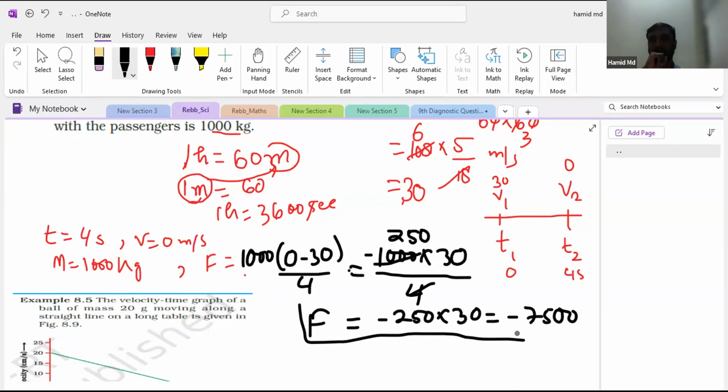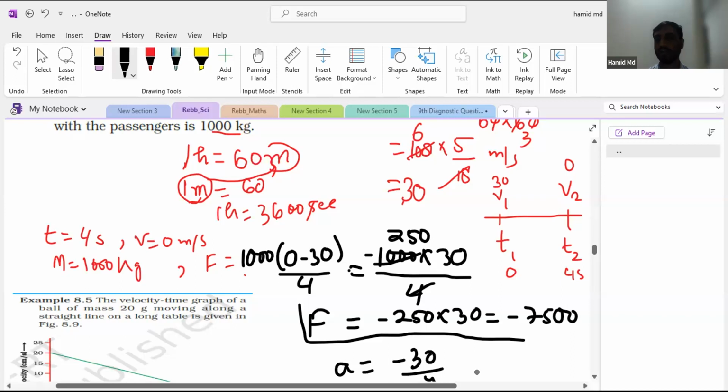If you calculate the acceleration over here, the acceleration we calculated is v minus u over t, that means 30 over 4. This is negative, right? Yes, sir. We say it deceleration, D E C E L E R A T I O N. Have you heard about it?